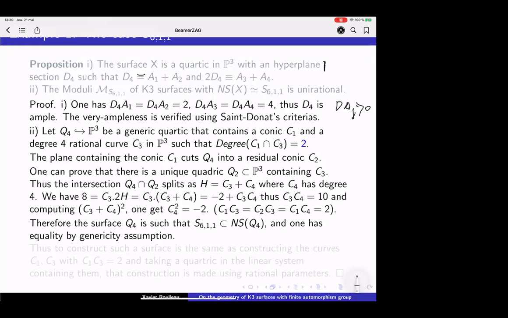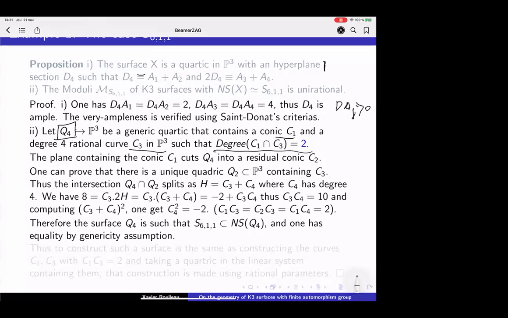So you start with a conic C1 and a smooth rational curve C3 of degree 4, and you ask that the conic and the rational curve intersect in a degree 2 scheme. Then you take a generic quartic that contains this conic and the degree 4 rational curve.